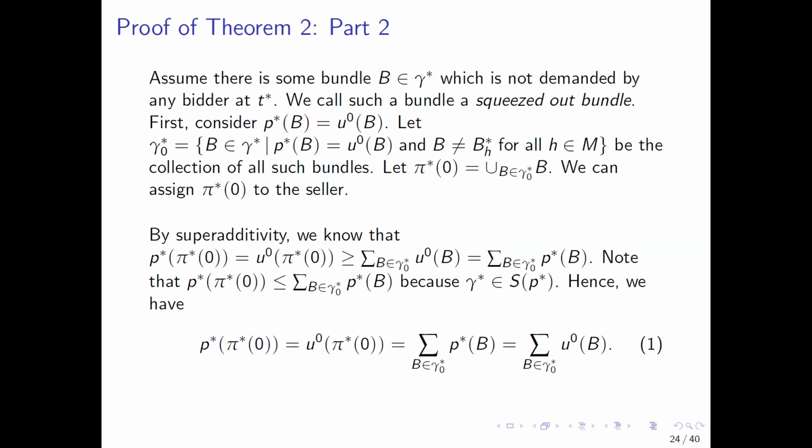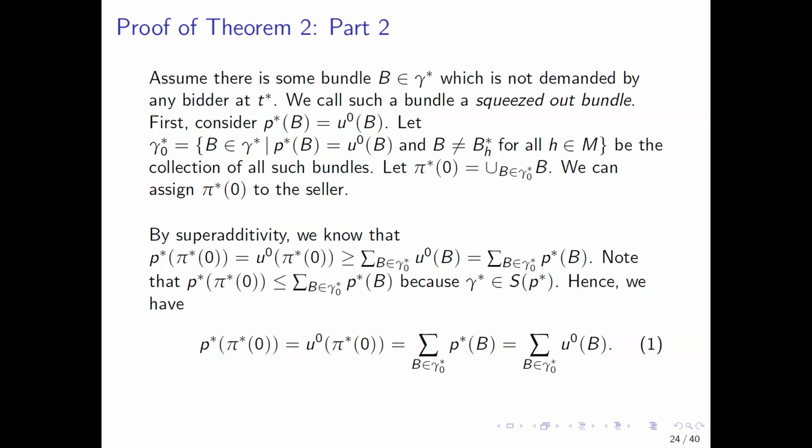because gamma star is maximizing the revenue of the seller with respect to price P star, this part has to be no greater than this part.